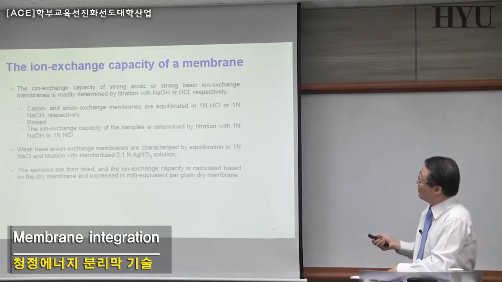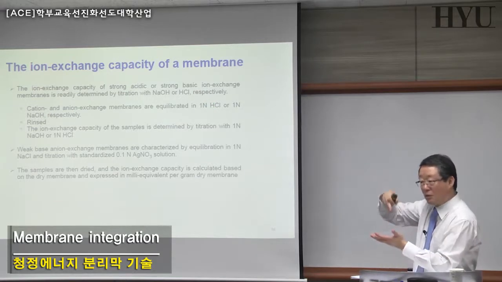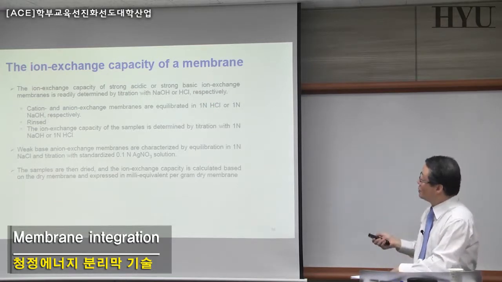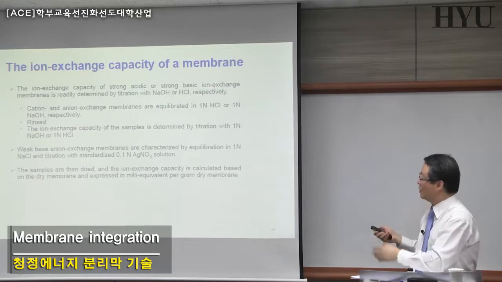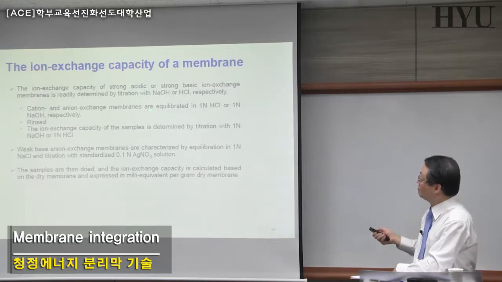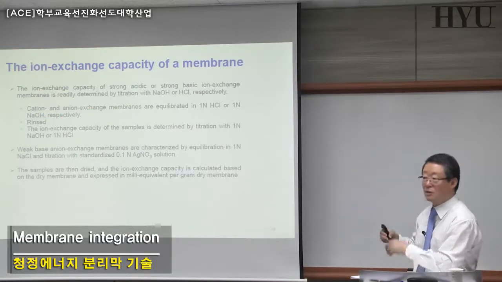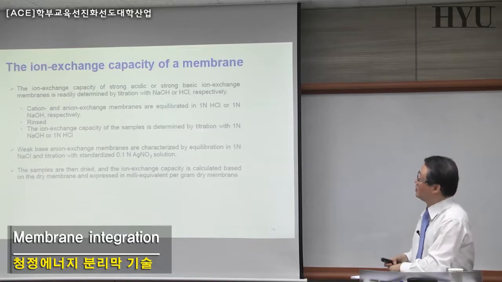So if you have a cation exchange membrane containing anion, then you use the proton as a titrating agent. Whereas if you have a cation, such as high pH groups like ammonium groups, then you use the negatively charged hydroxide as determining the IEC.